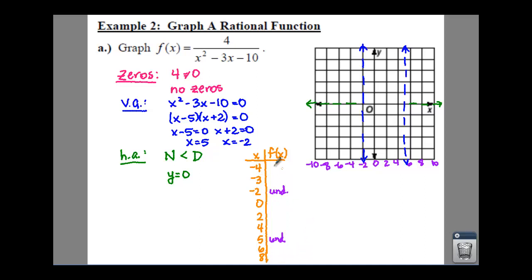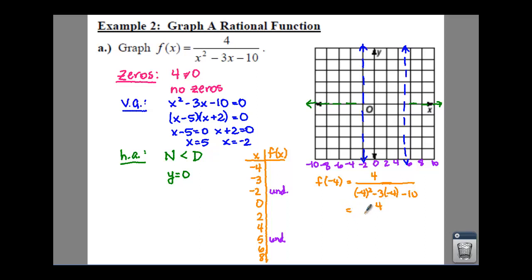So here's your table of values. When you evaluate each function, we're going to evaluate one of them, then I'm going to put in the rest of the values to save a little bit of time. If you find f of negative 4, that is 4 over negative 4 squared minus 3 times negative 4 minus 10.